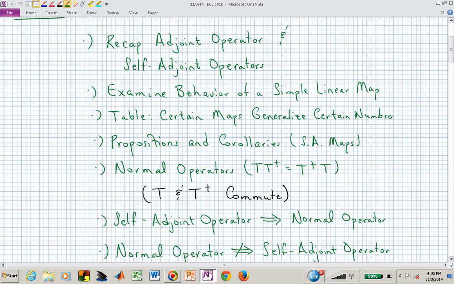What does that mean? That means that the linear map T and its adjoint commute, which means that T dagger T is the same as T T dagger in terms of maps.